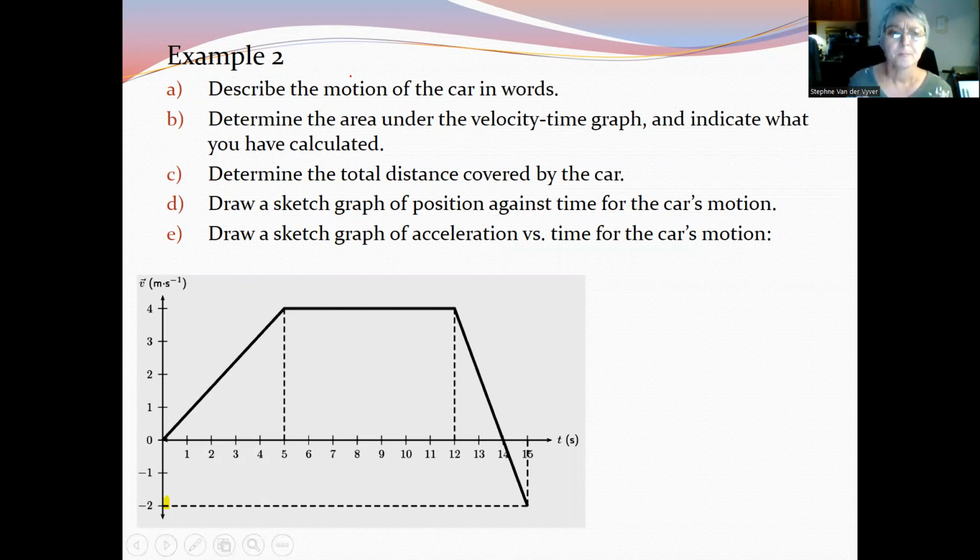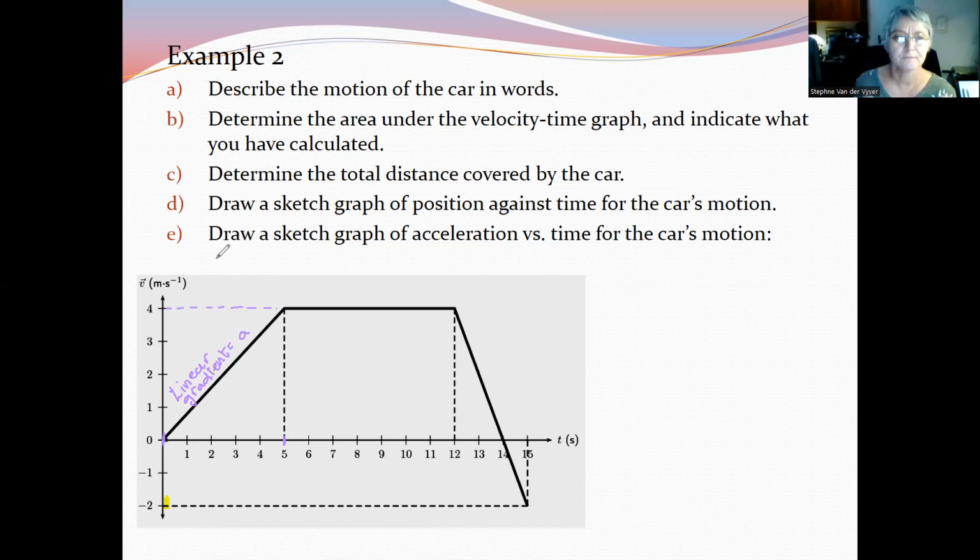Right. So to describe the motion of the car here, in the first 5 seconds, from 0 to 5 seconds, the car's velocity changed from 0 to 4. And because the velocity time graph is linear, it's got a gradient, and the gradient is going to be equal to the acceleration.